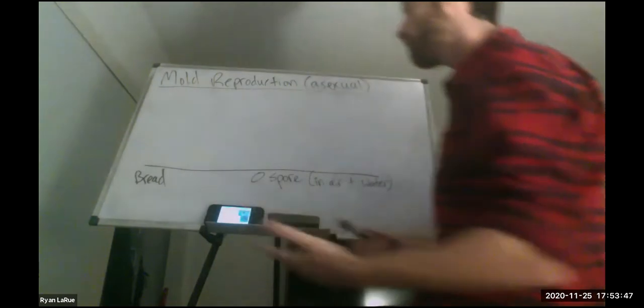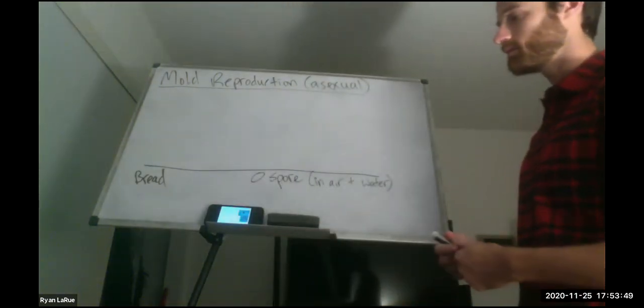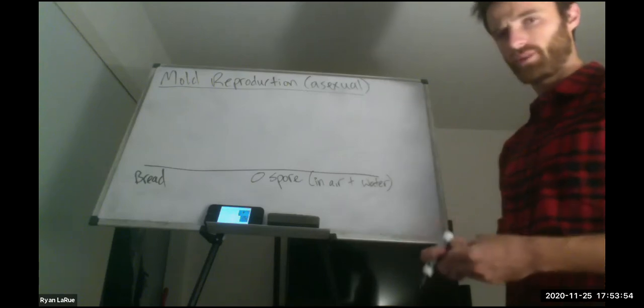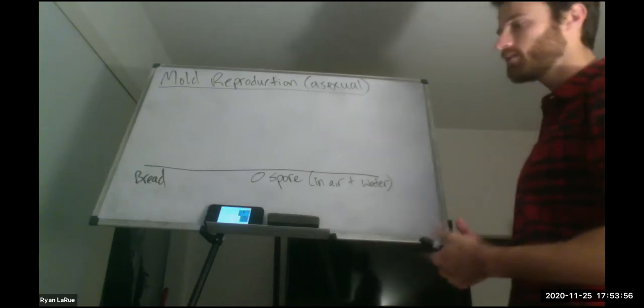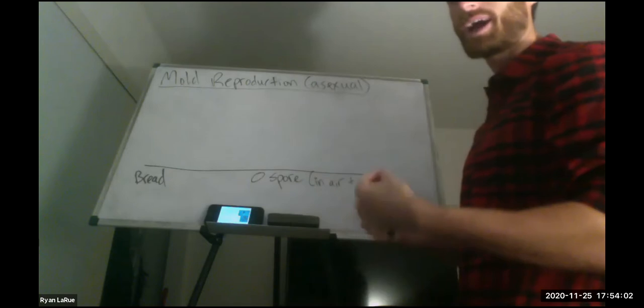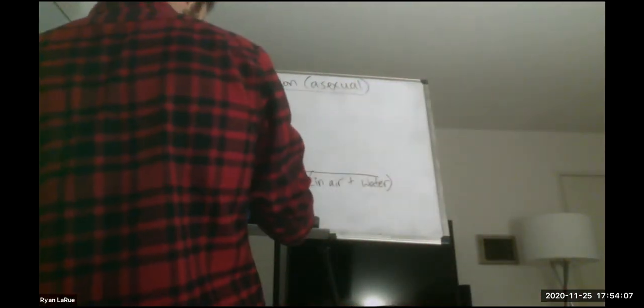But okay, this spore is going to undergo a process we call germination, like a seed will germinate into a plant. It's just a fancy word for it's going to grow and divide into branching out structures called hyphae. So let's draw it out.